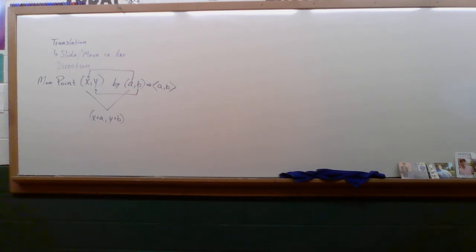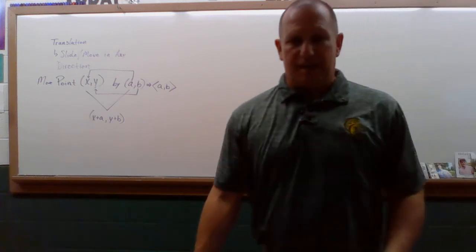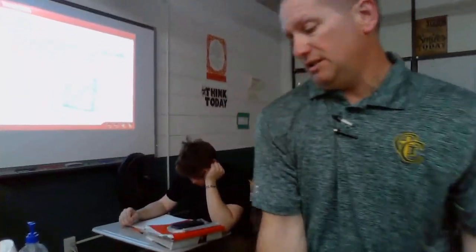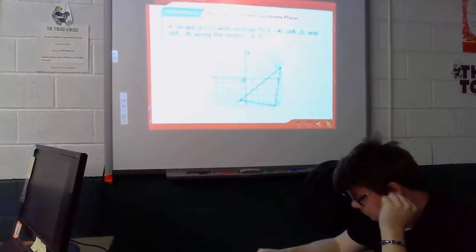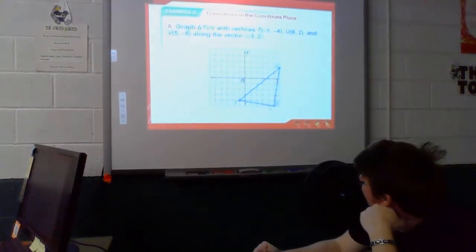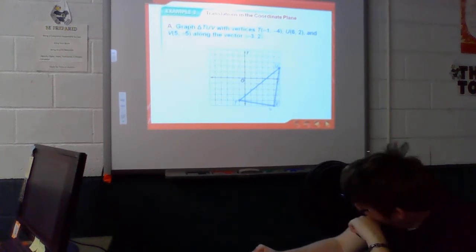So here's my first example. Obviously, they give me a graph of TUV, and they say to move this along the vector of -3, 2. So again, notice those parentheses that look a little like arrows. I'm going to move everything.